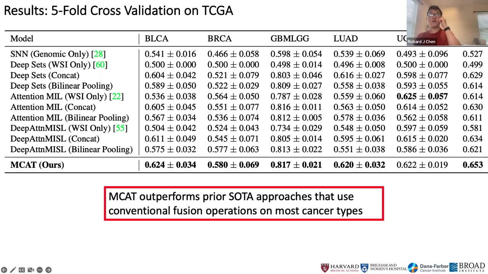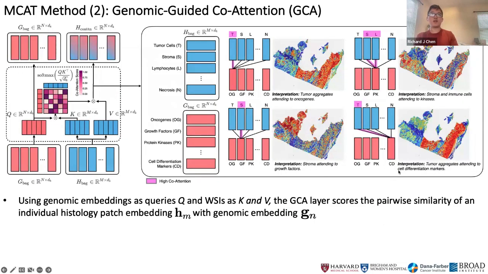Yes. The way this method works is that within co-attention, we give it a large bag of histology patches. So if this bag has patches across multiple whole slide images, then we can localize genomic information not just in one slide, but across many sequential sections.